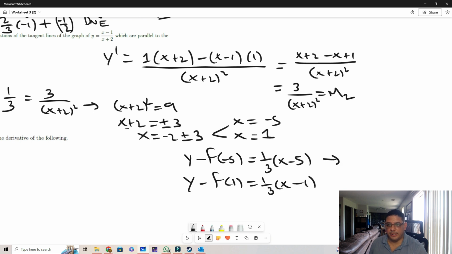If I plug in 1 here, notice that I'm going to get a 0. And so the one below is just going to be y equals 1/3 of x minus 1. And if I plug in minus 5, notice that this is minus 5 minus 1, which is minus 6, and minus 6 over minus 3 is 2. So y minus 2 equals 1/3 of x plus 5. And these will be the two equations of the lines that are obtained from this.